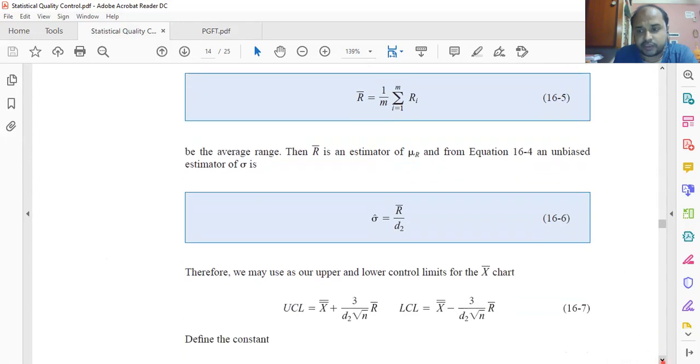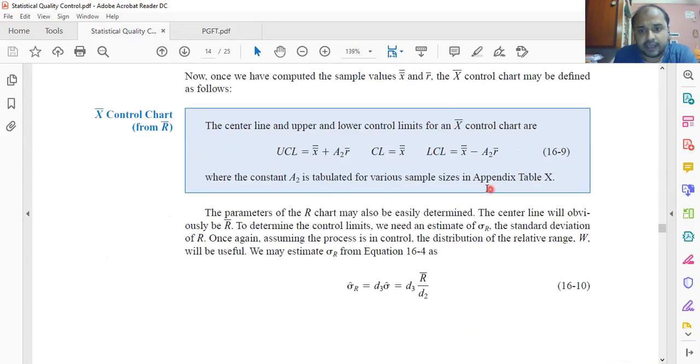These are the equations which I'm going to discuss. And lastly, our final equation, or a kind of formula, which is written in equation 16.9.